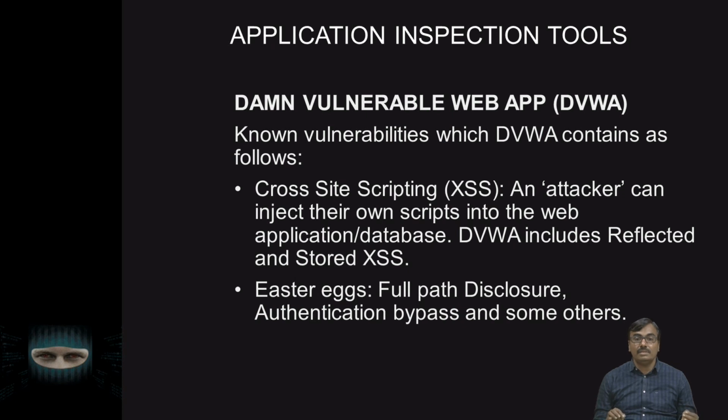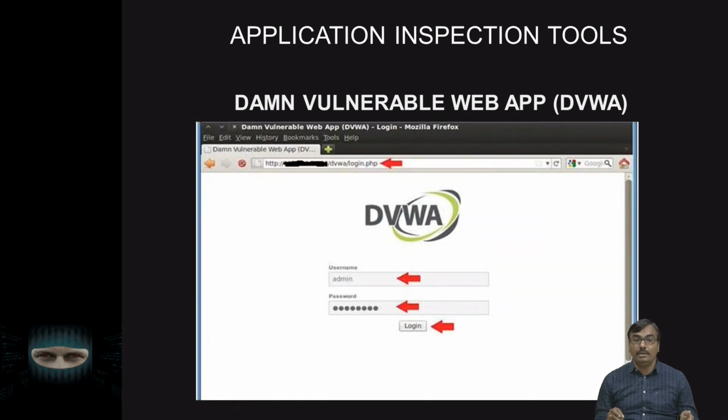So this is one simple example of performing the XSS attack. Easter eggs, full path disclosure, authentication bypass, and some others are also available in DVWA.